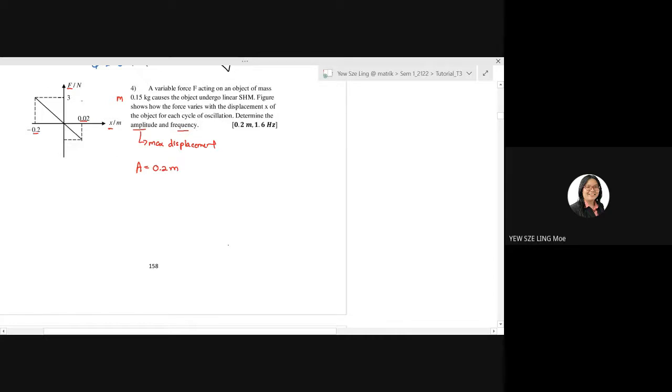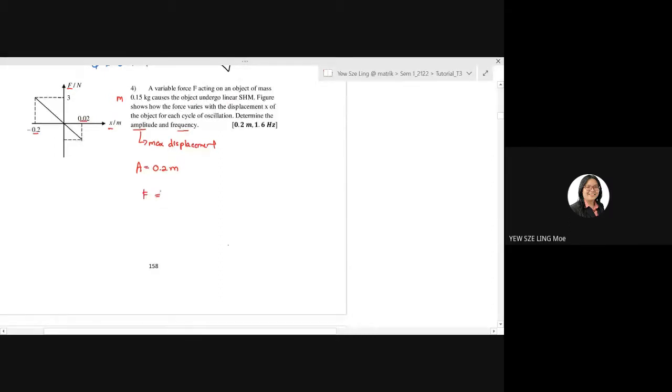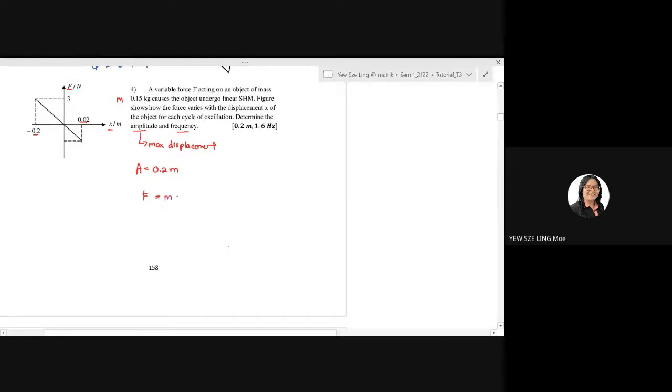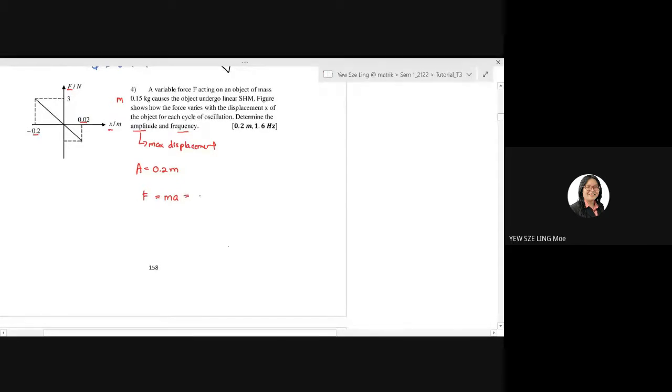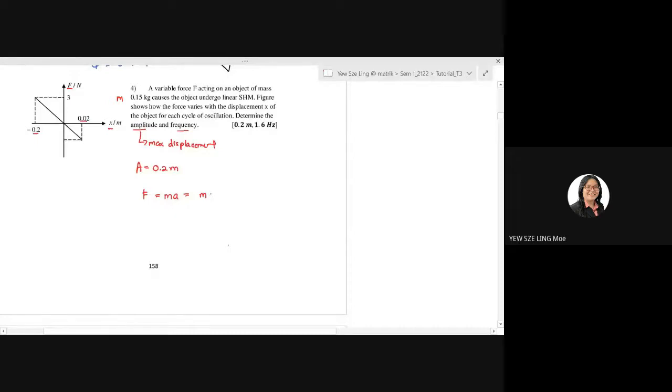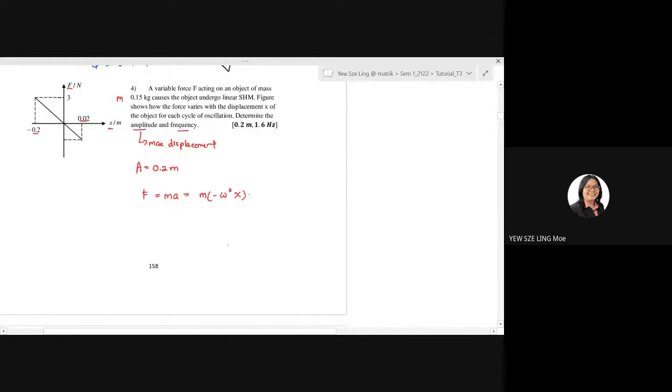Then, determine the frequency. How do we determine the frequency? Now you are given force and x. We know force is equal to ma, according to Newton's second law. According to the definition of simple harmonic motion, a is equal to negative omega squared x, so now we can have omega in our equations.